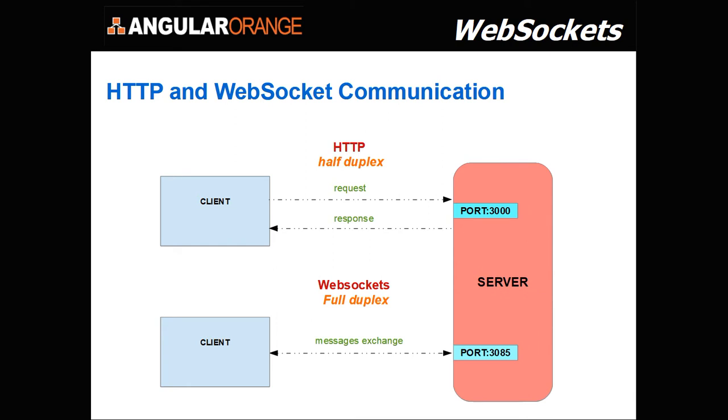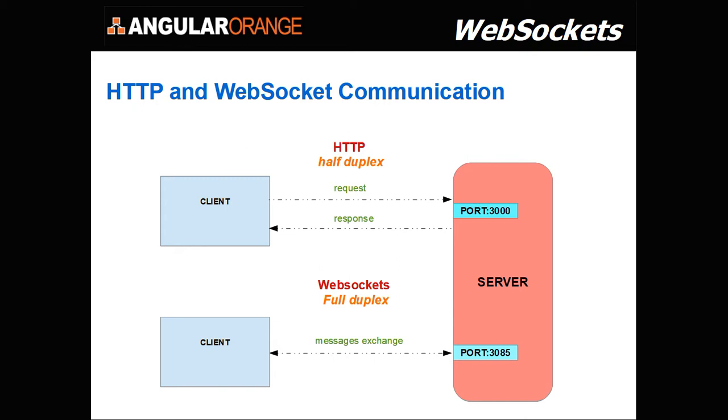Okay, so HTTP and WebSocket communication, you can have a server, and you can interpret the server any way you want to, but I'll drill into that in a moment. Where on port 3000 you could be listening to HTTP, on port 3085 you could be listening to WebSockets, and so WebSocket messages, let's say. And the bottom line is that there's all these different scenarios of how this works.